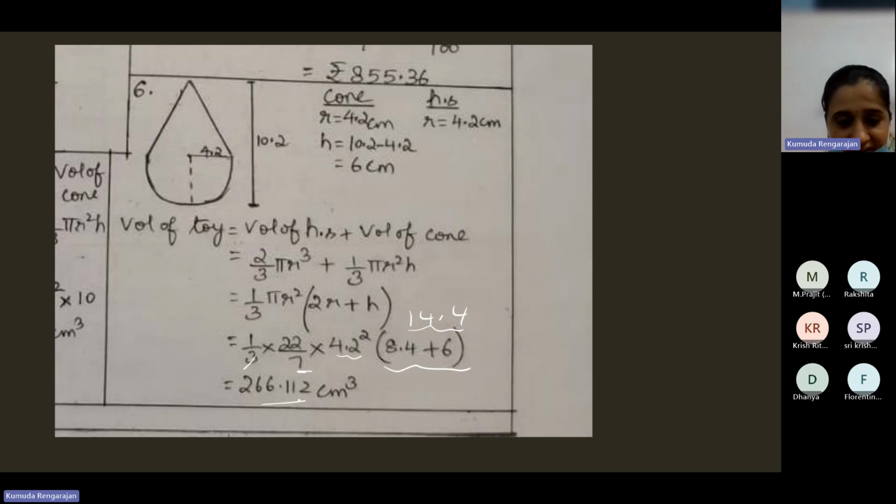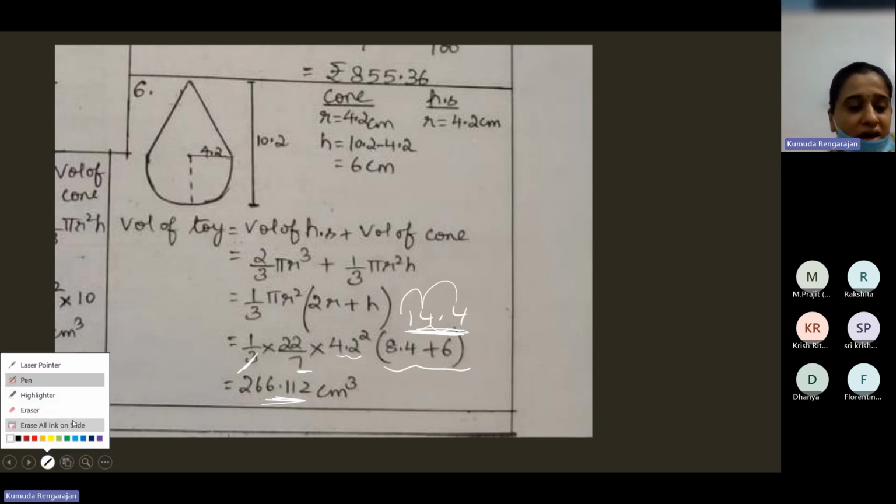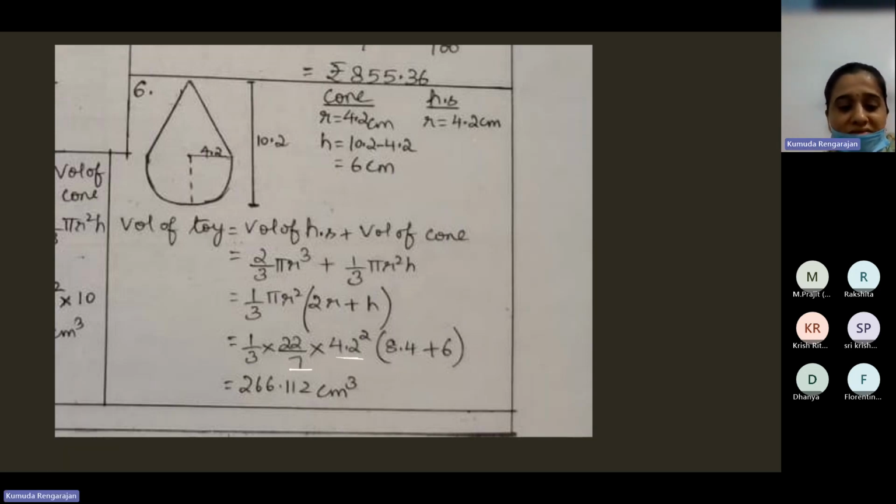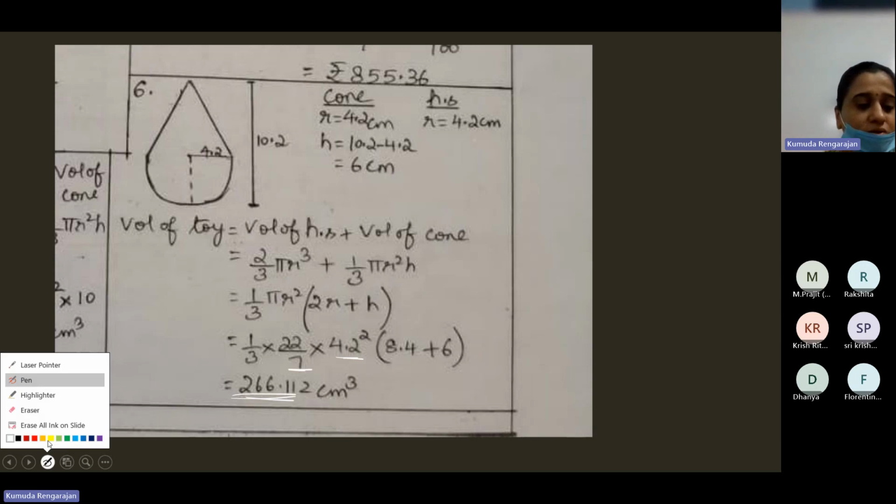So Abhinay, the exact answer, 266.112, precisely. 14.4 is exactly divisible by 3, and we have this 4.2, which is divisible by 7. 0.6 times. So you must get exactly 266.112.